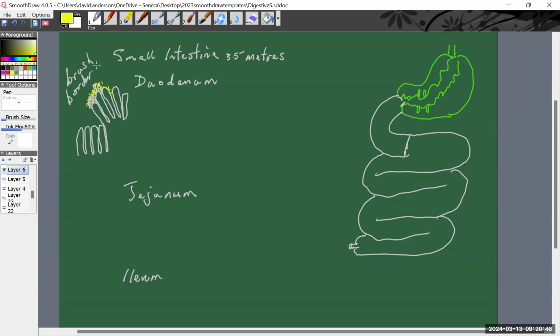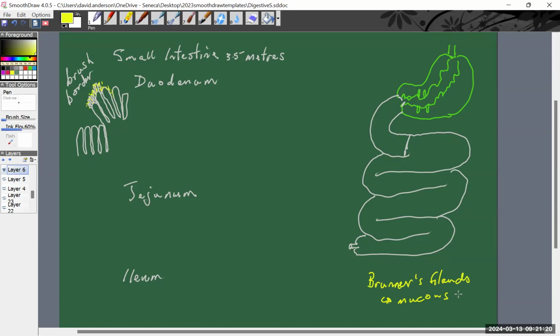In addition, one of the features that we're going to see in the small intestine are Brunner's glands. So Brunner's glands are concentrations of cells that produce mucus. And a big component of this mucus would be bicarbonate. And bicarbonate is going to be able to neutralize some of the acids that come from the stomach.